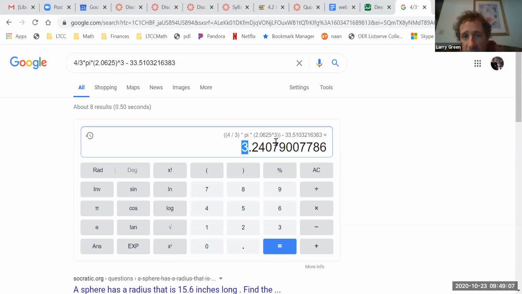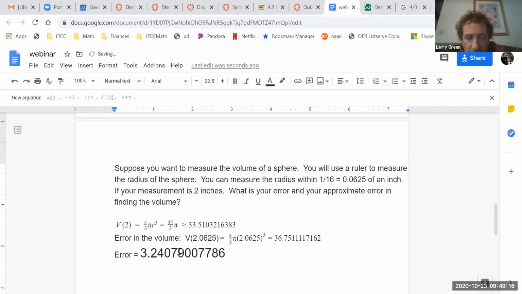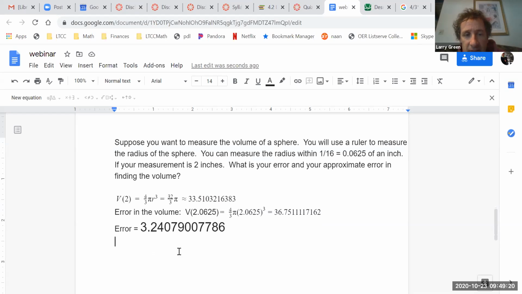And you get 3.2407, etc. Any questions? Any questions on this calculation? Okay, and this is delta y.